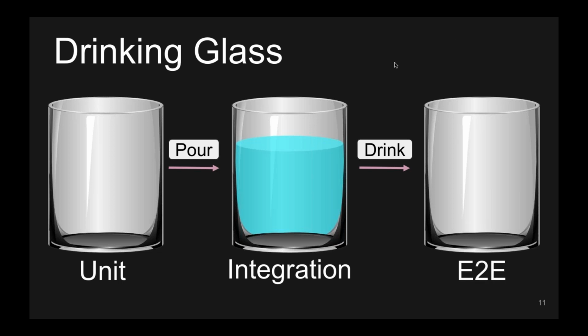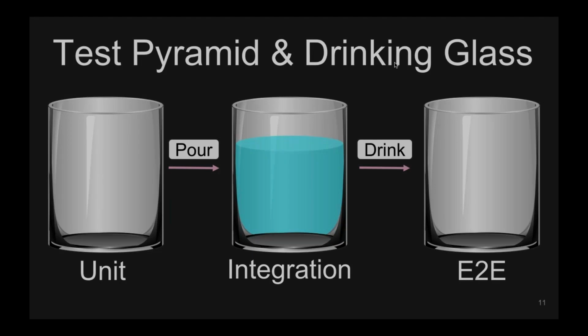And after I actually drank that water, I ran through this use case of me drinking something from the glass, which ultimately is called an end-to-end test. So basically, we just implemented the test pyramid in an everyday scenario. So again, that's fairly simple, a bit less theoretical compared to just looking at the pyramid.